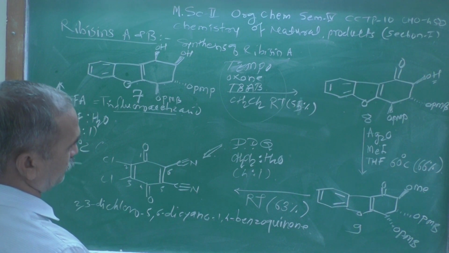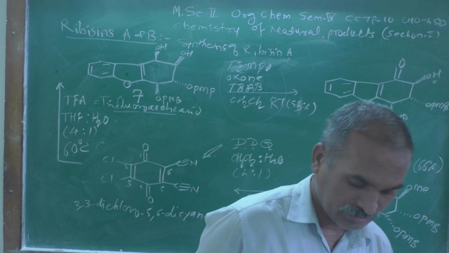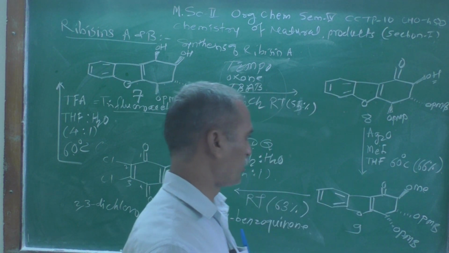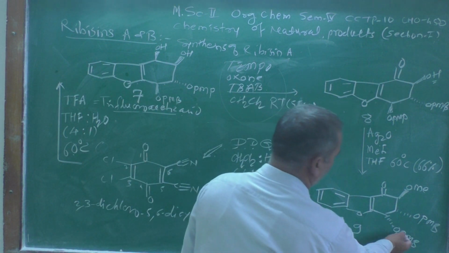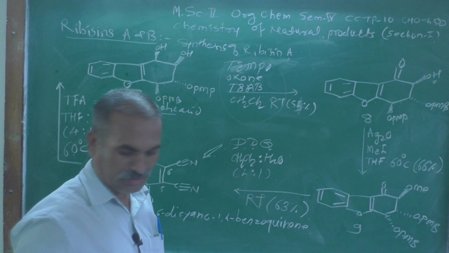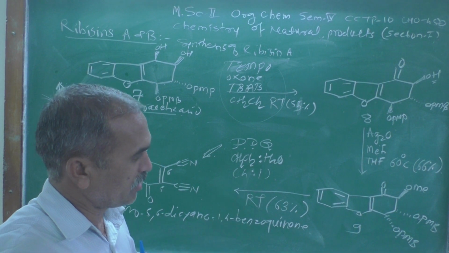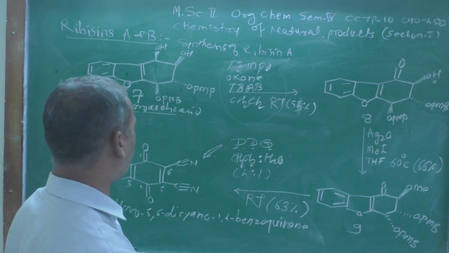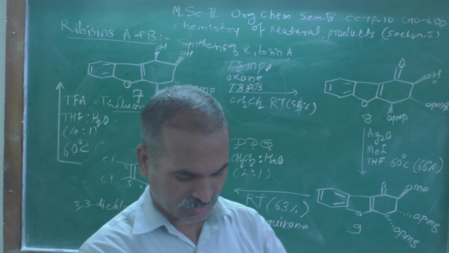reducing reagent, but in this particular case it can act for the deprotection of this particular group. These get deprotected, and finally PMB, paramethoxybenzyl, is removed. Instead of the paramethoxybenzyl, a hydroxy group comes.